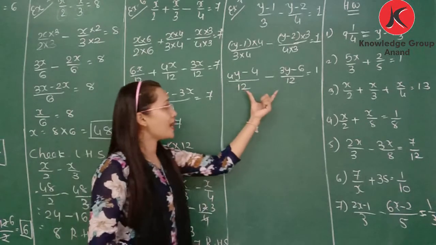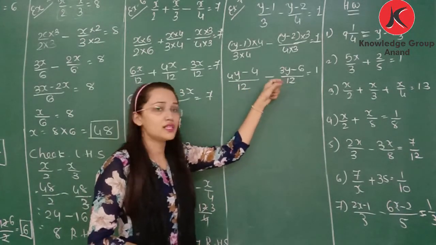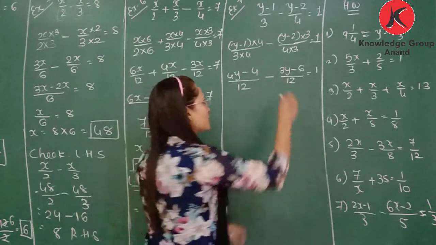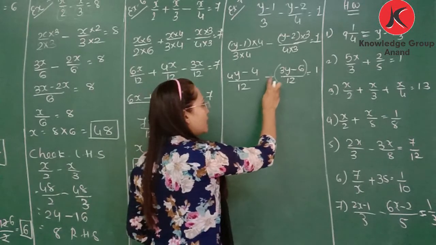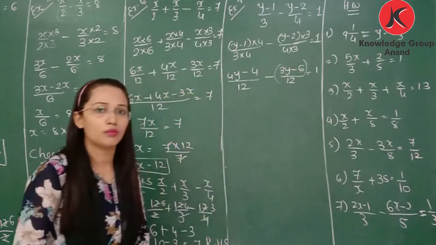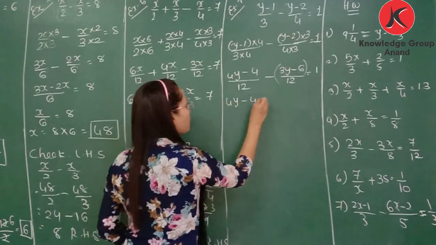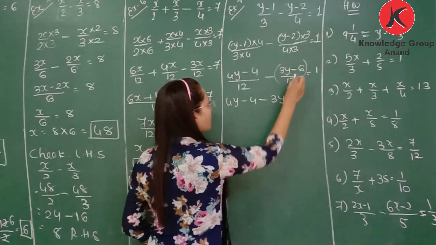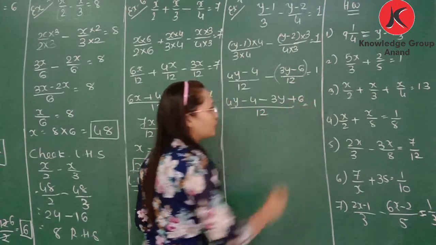Now if we combine these two terms, then here outside this term there is a negative sign. Means we can consider here plus. And if we combine these two terms, then this negative sign is applied to both terms in the expression. So here we have 4y minus 4 minus 3y, minus becomes plus 6, divided by 12 is equal to 1.